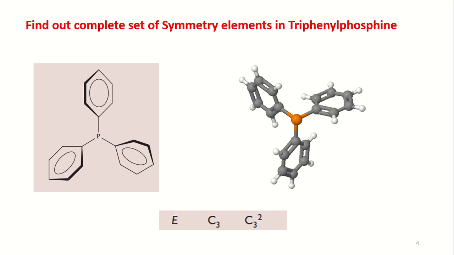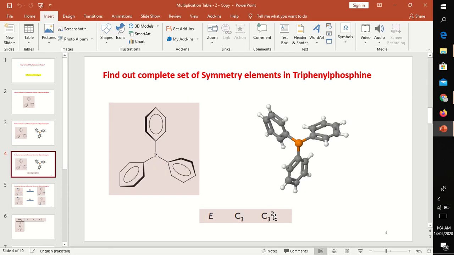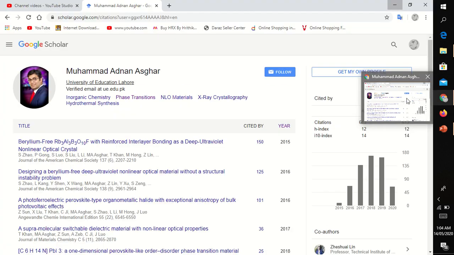So here is actually the complete set of symmetry operations and elements in triphenylphosphine. For the better understanding of the structure of triphenylphosphine, and subsequently to find out the complete set of symmetry operations and elements, we should go for the three-dimensional structure of triphenylphosphine.